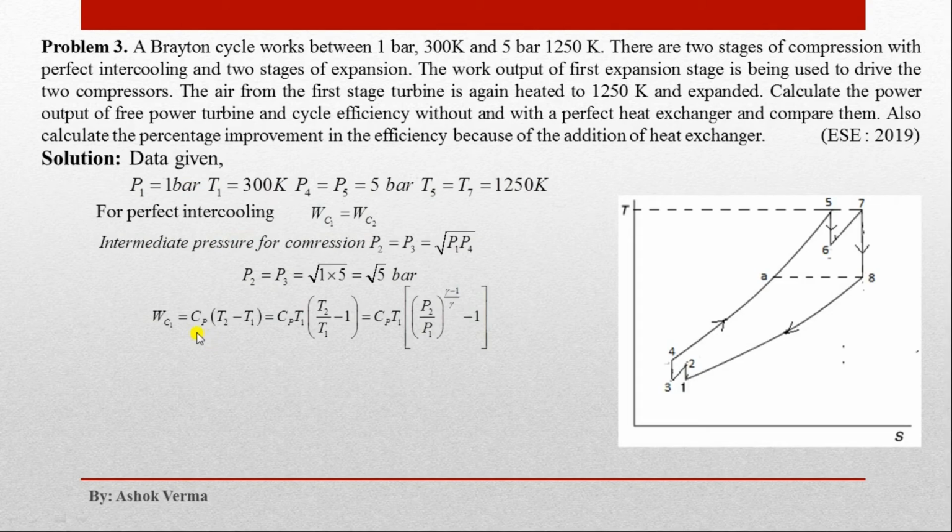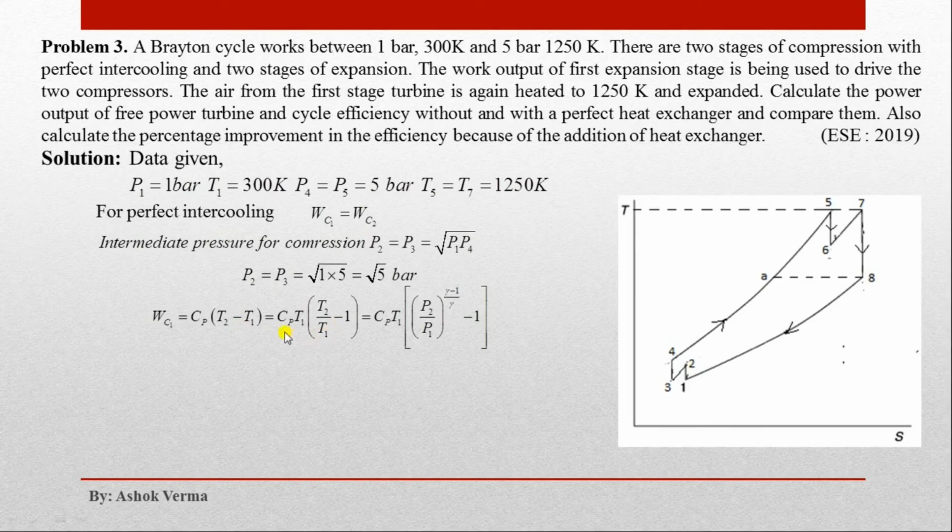So WC1 you can calculate. WC1 will be equal to Cp into (T2 minus T1), and because you don't know T2, you have to use the relation T2 by T1 equal to (P2 by P1) to the power (gamma minus 1) by gamma. Or you can first calculate T2 and put it in this equation, and you can calculate the work input to compressor 1.